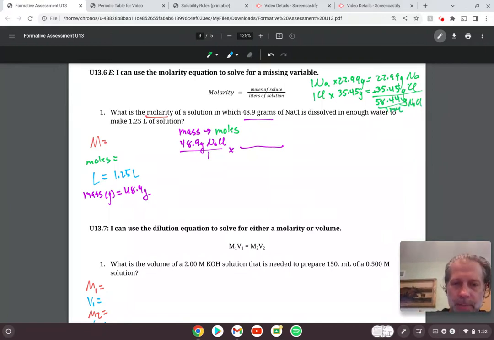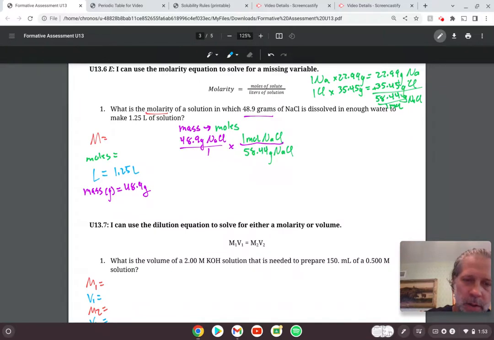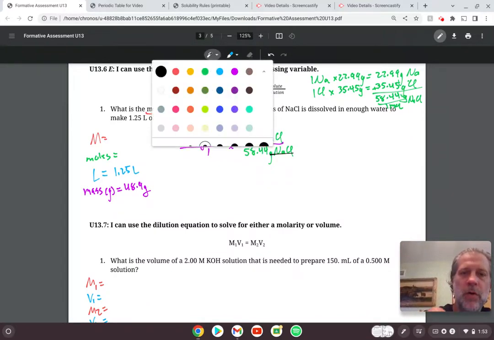So I'm going to take the 1 mole of NaCl and put it over the 58.44 grams of NaCl. And at this point, my unit for grams has canceled out, and I'm left with moles.